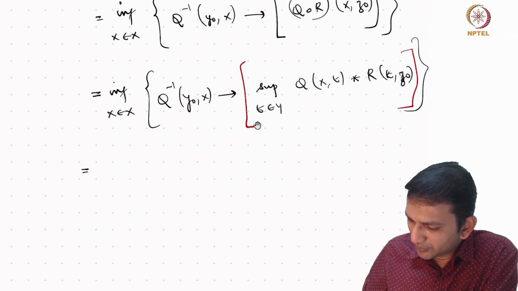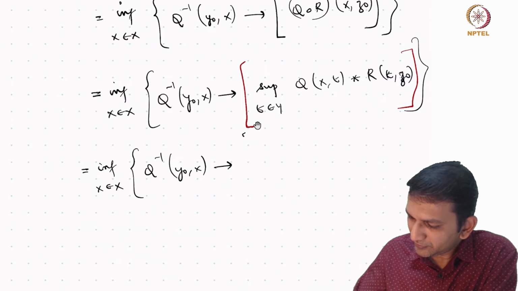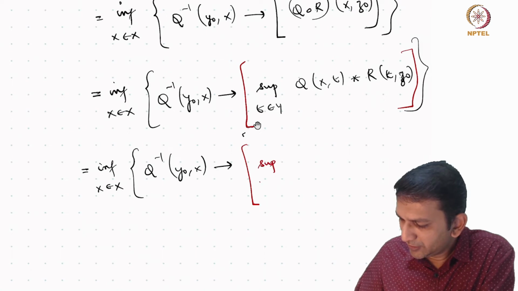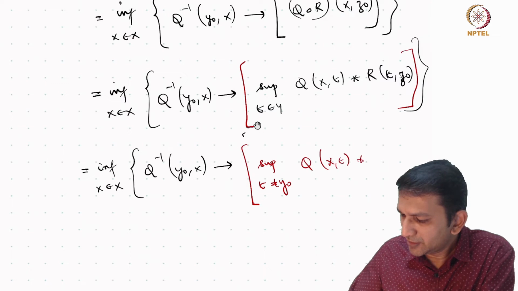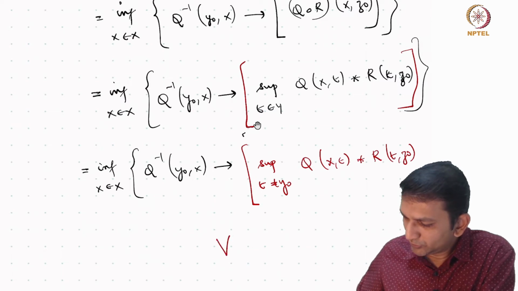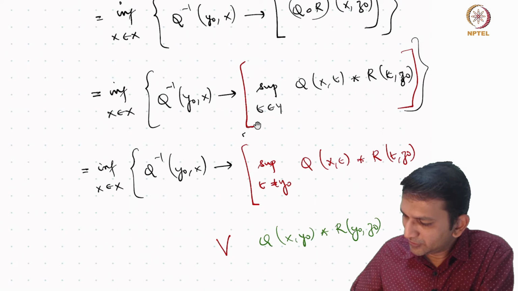Once again, we will split this: Q inverse of (y0, x) implies the supremum over t coming from Y, t not equal to y0, of Q of (x, t) star R of (t, z0), joined with, at the point t equal to y0, Q of (x, y0) star R of (y0, z0).